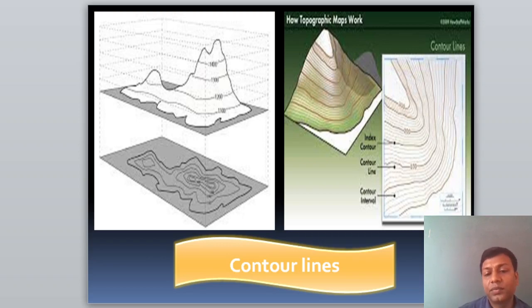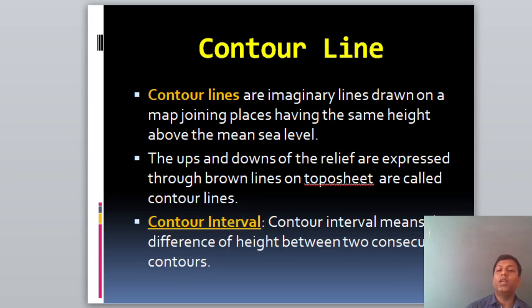So first we have to deal with what contour lines are. Contour lines are imaginary lines drawn on a map joining places having the same height above mean sea level. Suppose the places Motihari, Bariarpur and Charmari are at the same height; we draw them on the same contour line and write that the height of those places is the same.